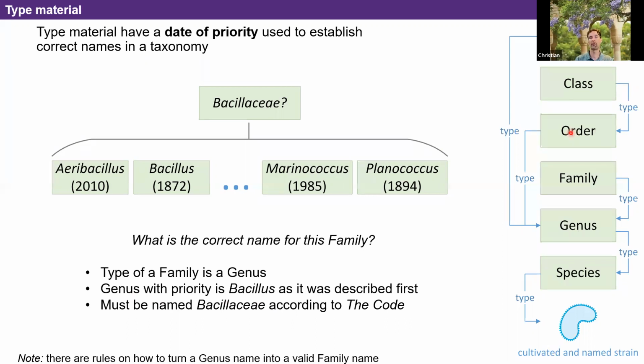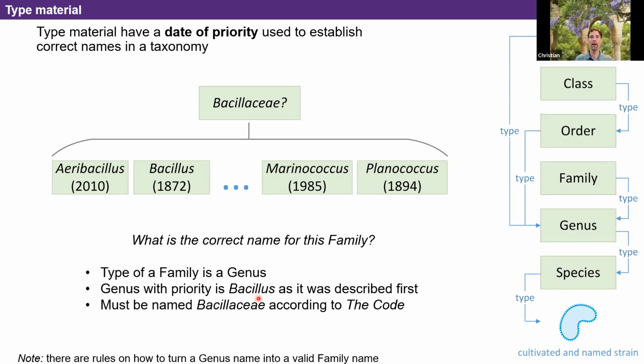You go after the type, and then for the class, you go after the type order. And if you have multiple orders, you would also go with the order that has the date of priority, so basically the one that has been described first. The good thing is there are fixed rules in the code for the naming of microbes, or of prokaryotes, which makes for a more or less stable system.